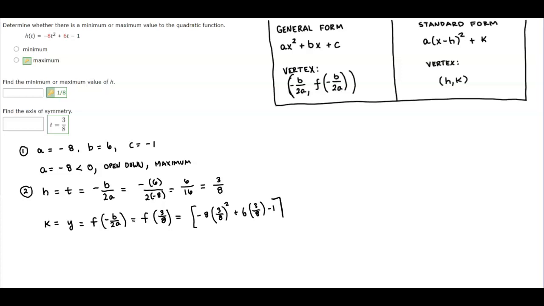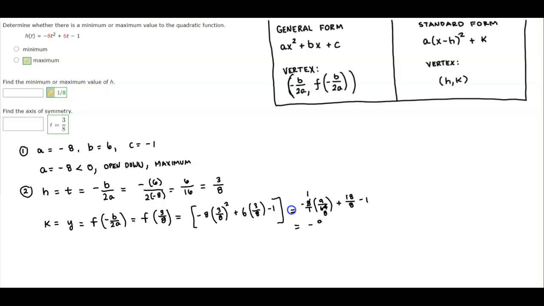minus 1. And so that's equal to, if we take negative 8 over 1, multiply that by 3/8 squared, which is 9 over 64, plus we have 6 times 3, which is 18 over 8, and minus 1. So we can simplify the 8 over 64 to be 1 over 8.